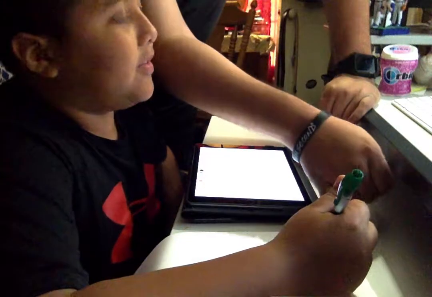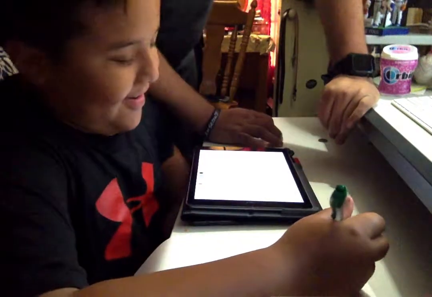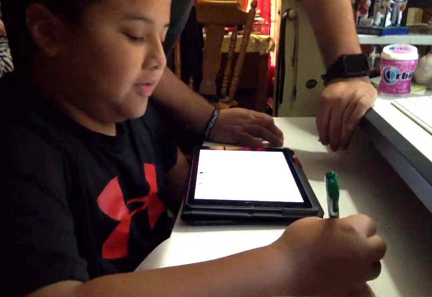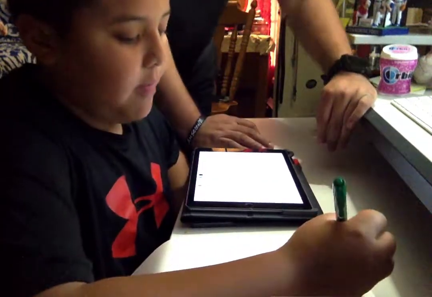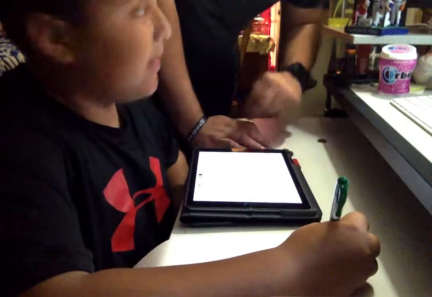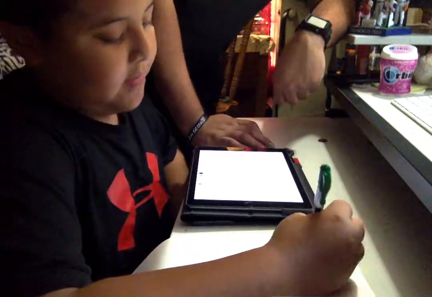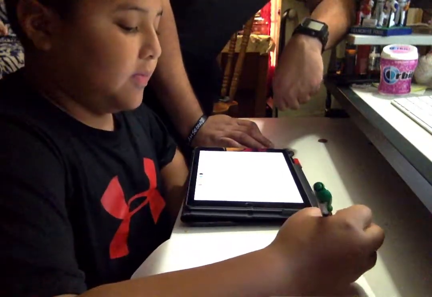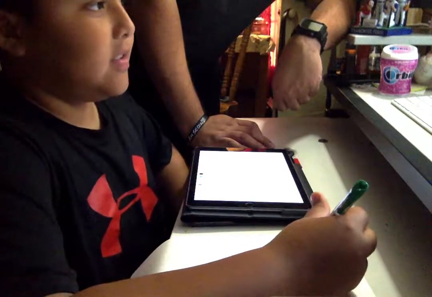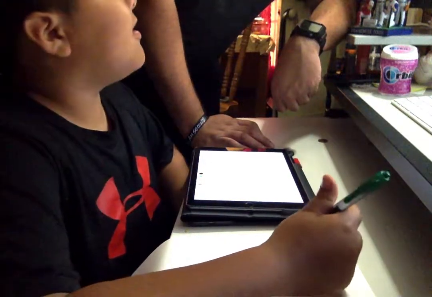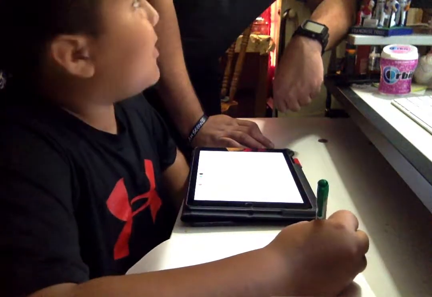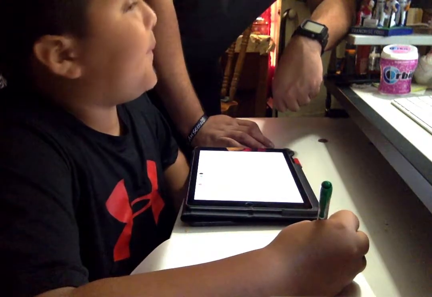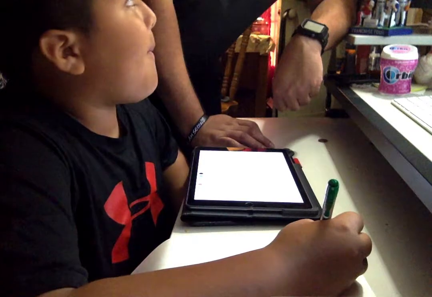Break it down. 31. There you go. So write 31 in the bottom. 31 minus 10. What would that give you? It's going to give me 21. Put 21 in the bottom.